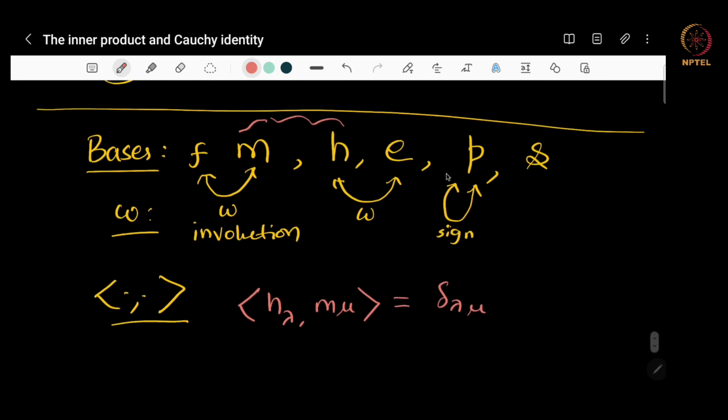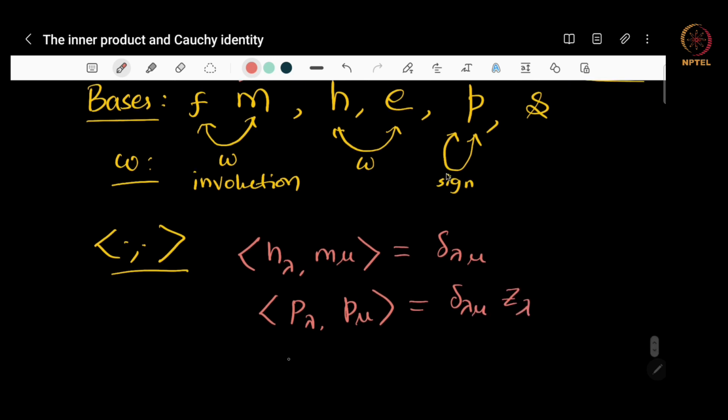P and S are taken care of. P is orthogonal with respect to this form, and S is orthonormal with respect to the form. So these are the properties that we have proved so far.